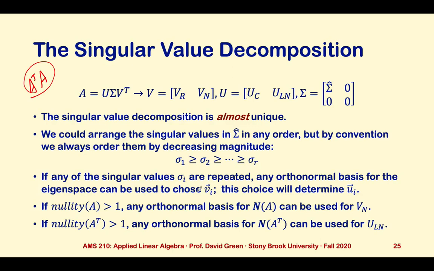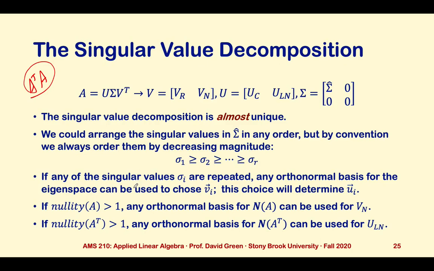We need to make sure that we have a consistent choice. So this is one bit of non-uniqueness that only applies if we have repeated singular values.